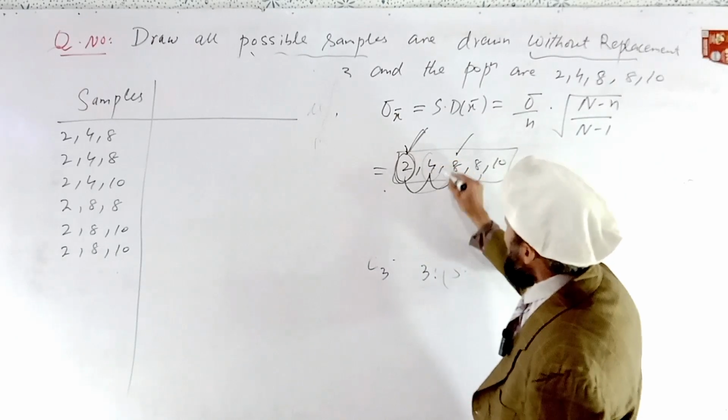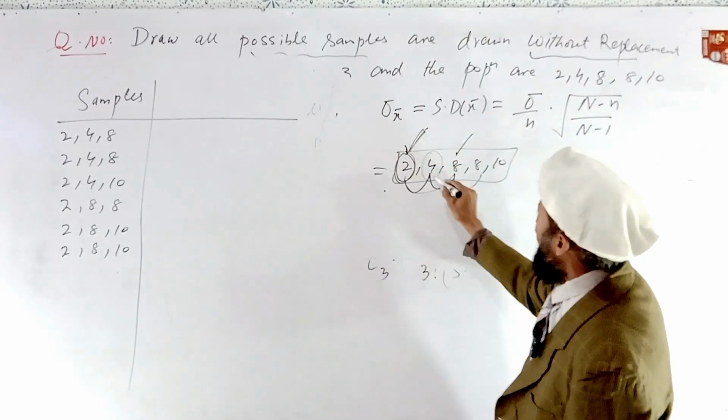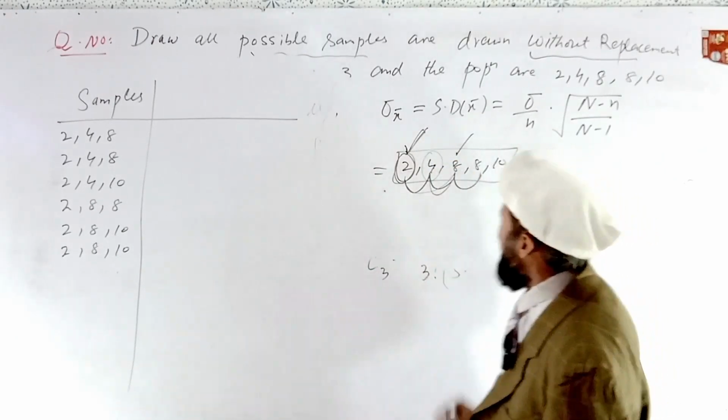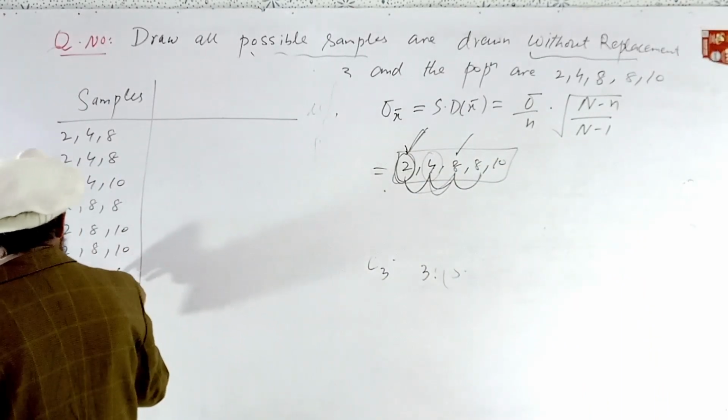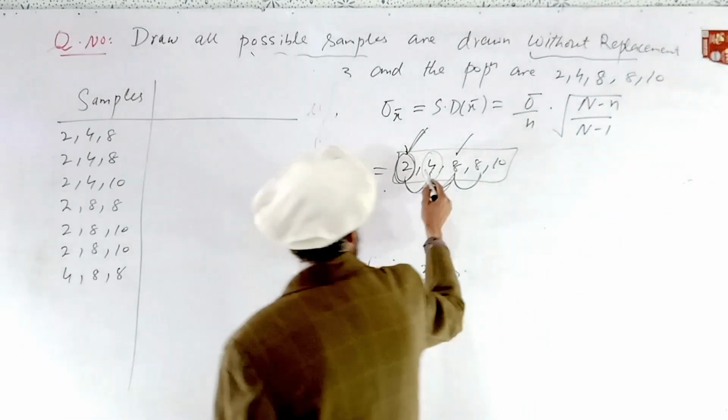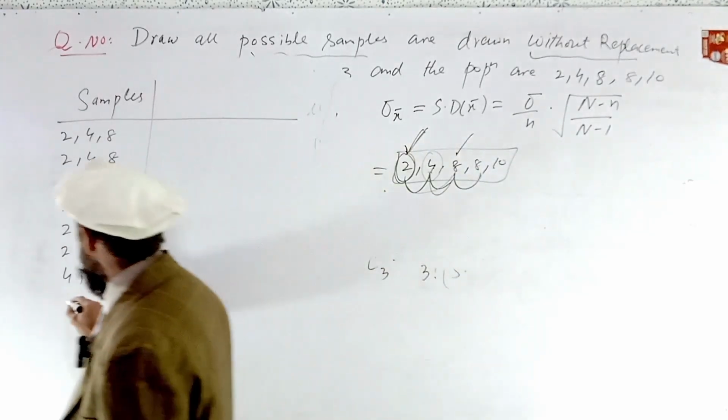Now we start from 4: 4, 6, 8, then 4, 6, 10, then 4, 8, 10.